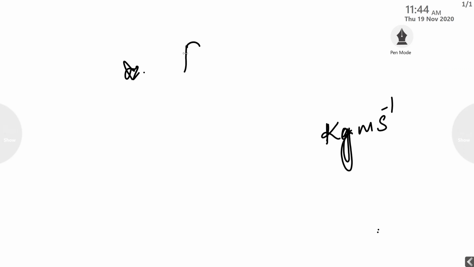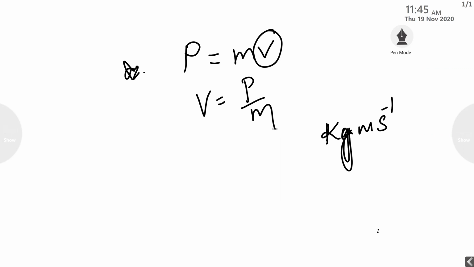Momentum is denoted by the letter P, and P is equal to mv, mass into velocity. Now he is asking us to find the velocity, so V is equal to P by M, that is 150 by 30, which is 5 meters per second. Note it down.